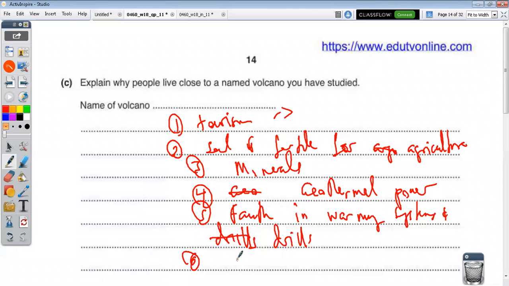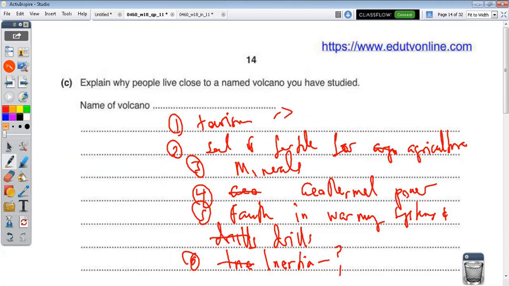What is this word here? You read your textbook, you will find it. Inertia. What does that mean? It's the reluctance of a body to start moving. But that's physics. How do you apply that to geography?